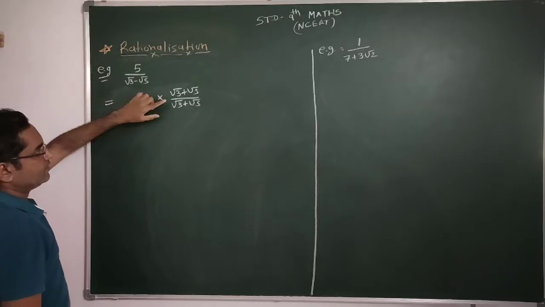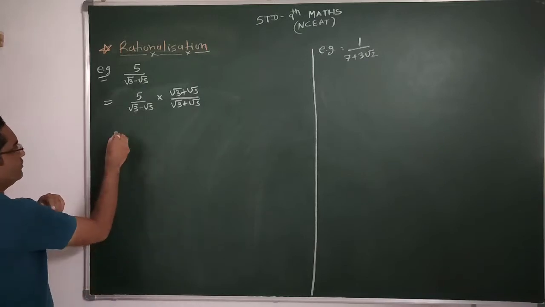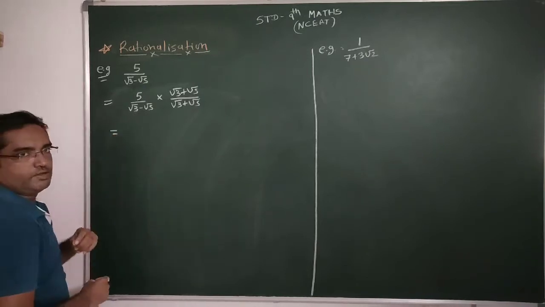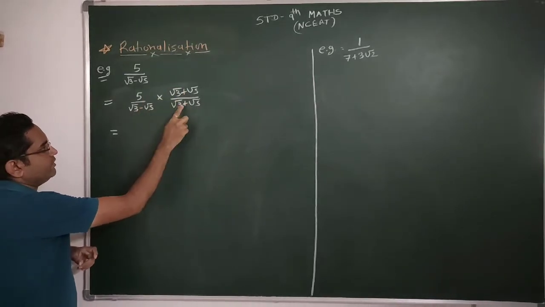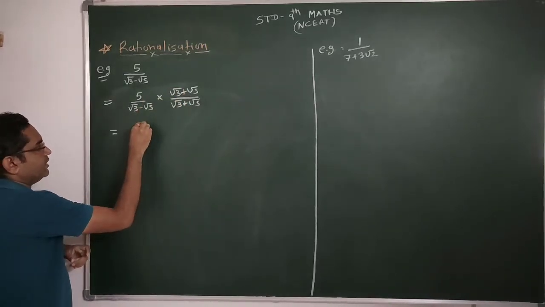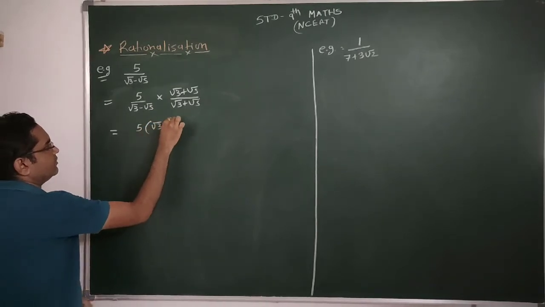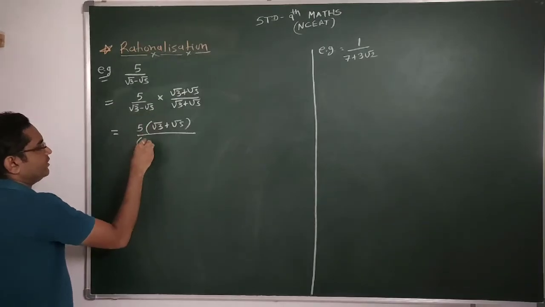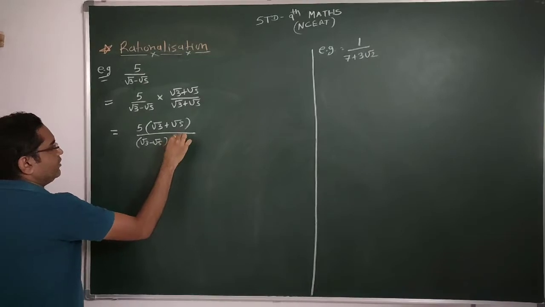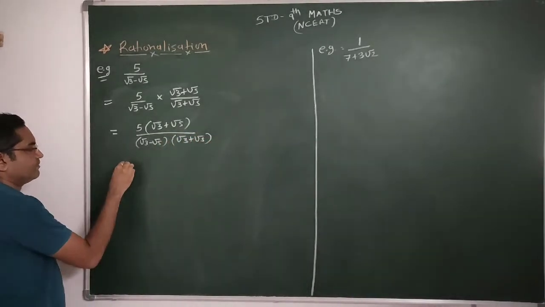Clear? Multiplying any number with 1 will give the same number. Now, you have to perform multiplication of numerator with numerator, denominator with denominator. So that will be 5 into root 3 plus root 5. Now for the denominator, it's root 3 minus root 5 into root 3 plus root 5.